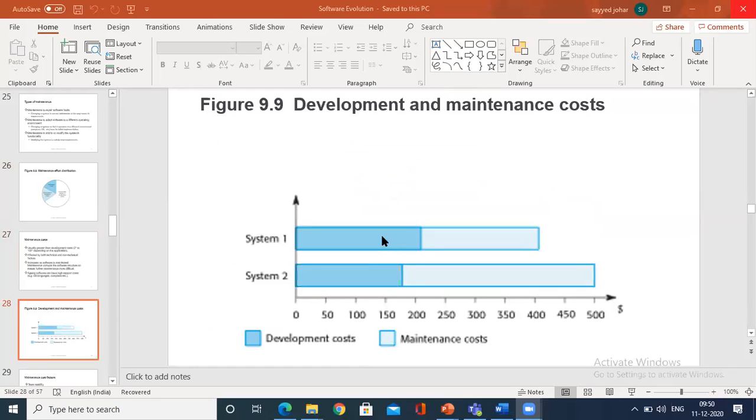So there is a comparison between the development cost and the maintenance cost. And see here, this block is a maintenance cost. This block is a maintenance cost. So here two systems are being developed, right?